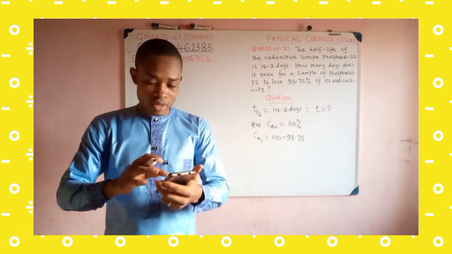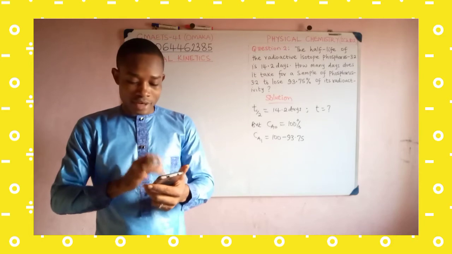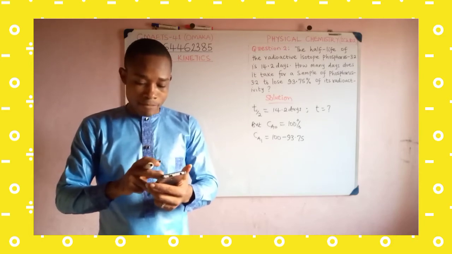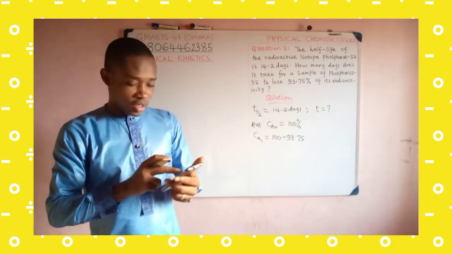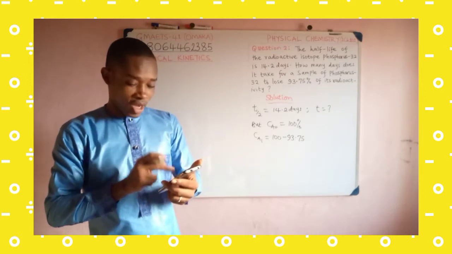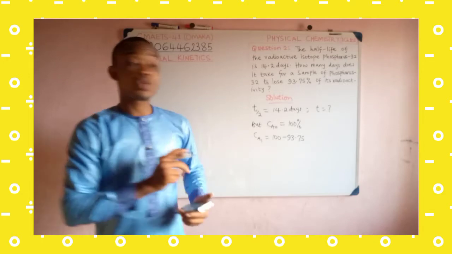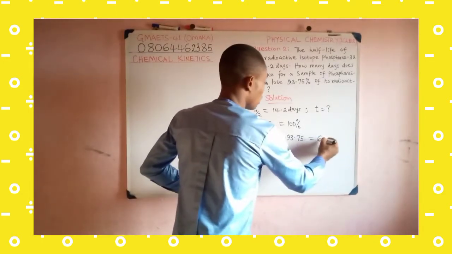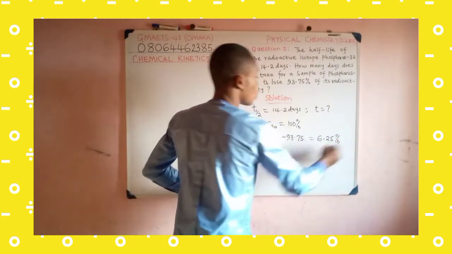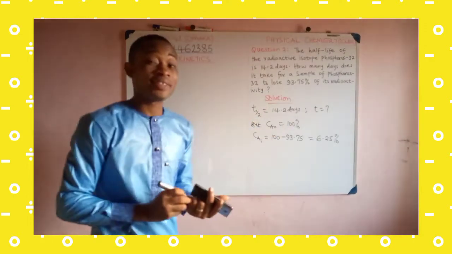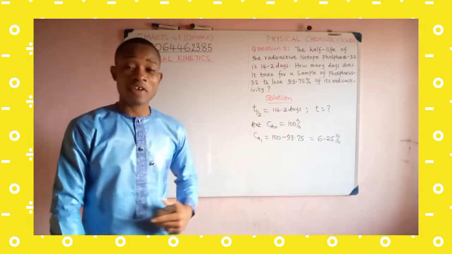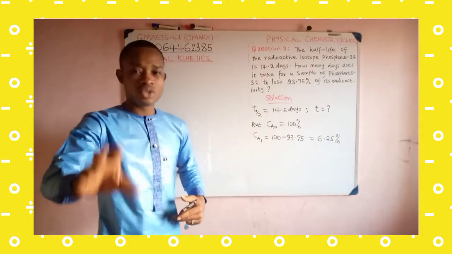So let's find out. 100 minus 93.75, that is equal to 6.25. So this is 6.25%. That is what will be left after losing 93.75%. So this is what we are going to do, okay?